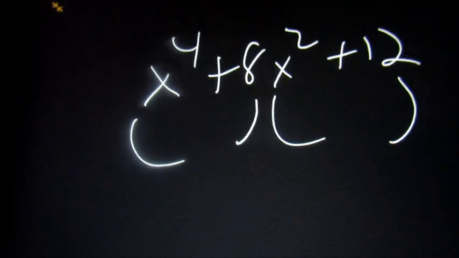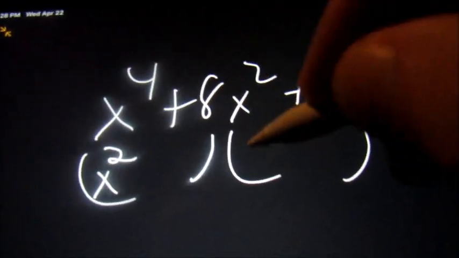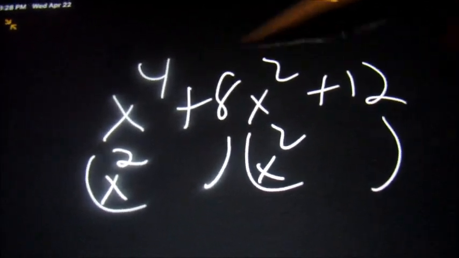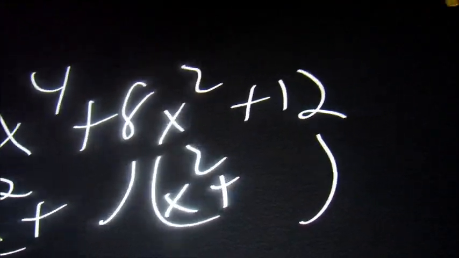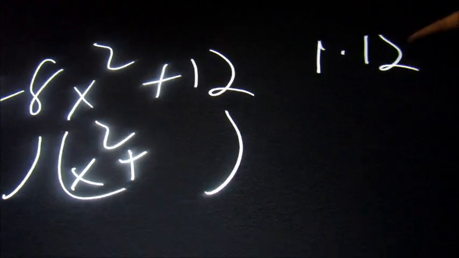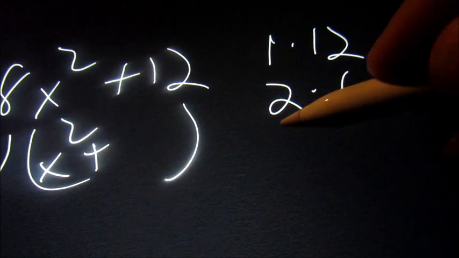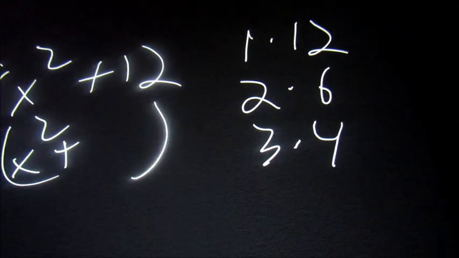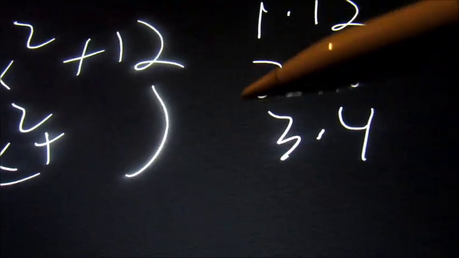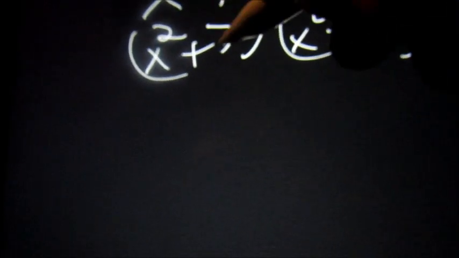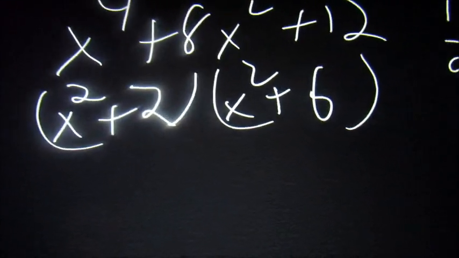And the square root of that is just 1/2 of that. So this is going to be x squared and x squared. Since these are both pluses, these are both pluses. And my choices for 12 are 1 times 12, 2 times 6, 3 times 4. And we need to add up to 8, so we're going to use the 2 and the 6.